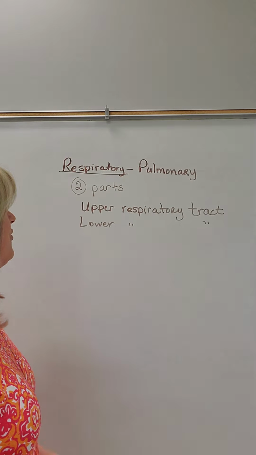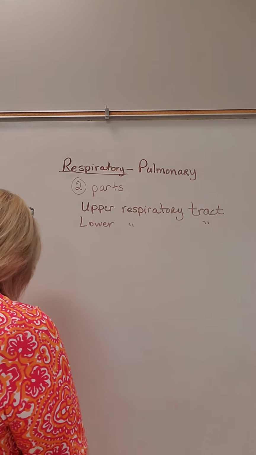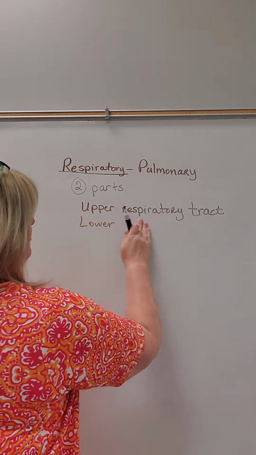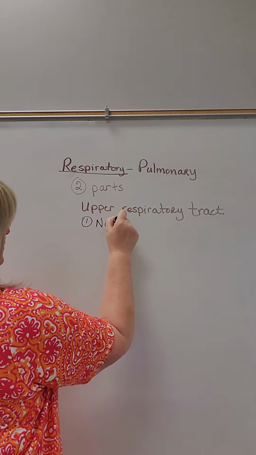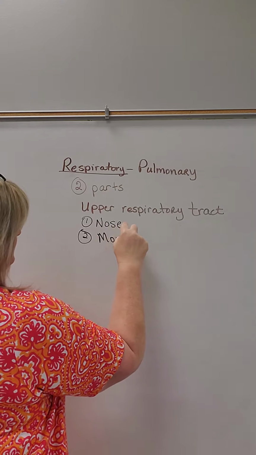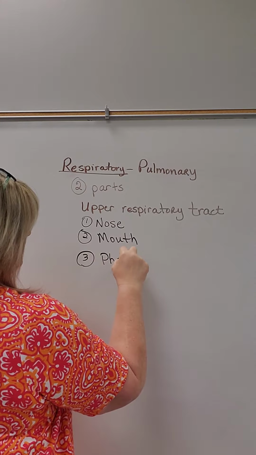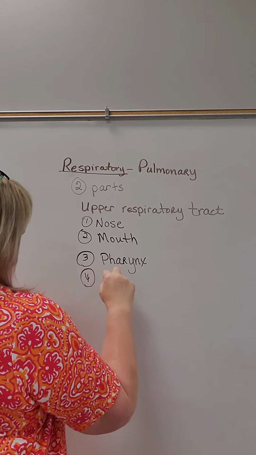Okay. So the upper respiratory tract contains a couple of structures. That would be your nose, your mouth, your pharynx, which I will show you where that is, and your larynx.